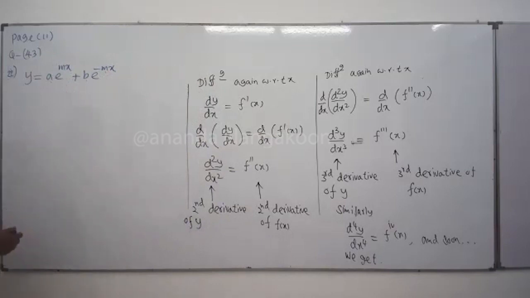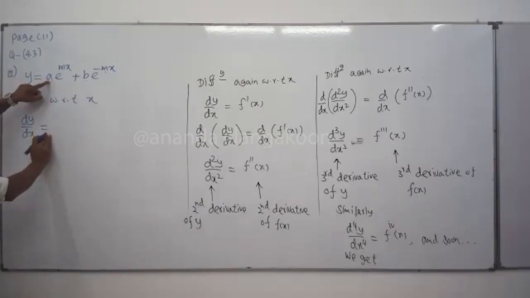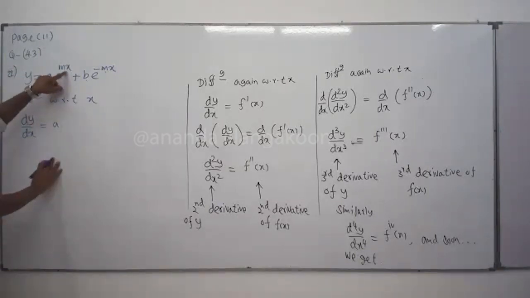Yeah. So now I am going to differentiate this first, right? Differentiating with respect to x, we get for y, dy/dx. Then on the right hand side, since a is a constant, we keep a the same. e^(mx), when we differentiate, you know, people, e to the power something, when you differentiate, we get the same thing.